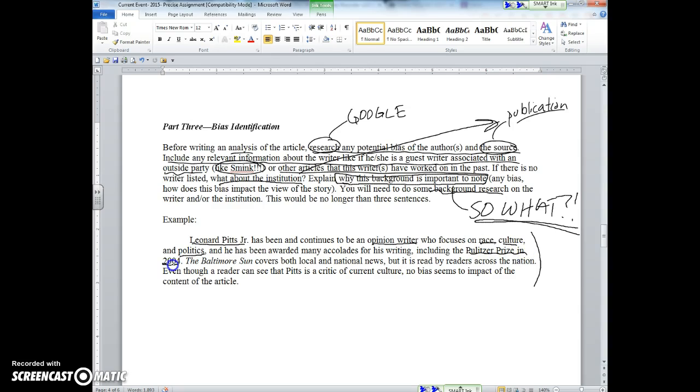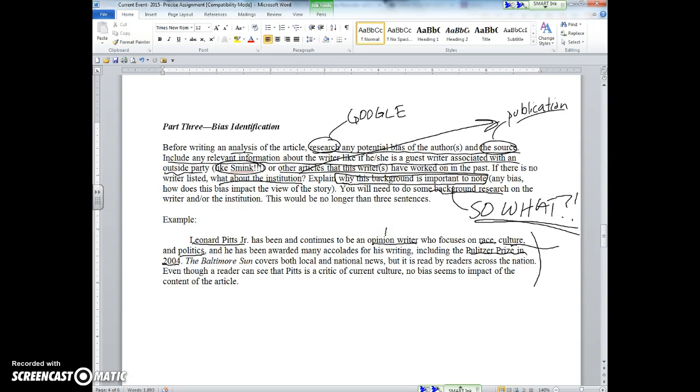Actually, if I didn't know what the Pulitzer Prize was, then I would look it up. But since I know what it is, it's a very prestigious award for writing in journalism, so this is someone that has at least been rewarded by his peers for being a good journalist or a good writer, because he's an opinion writer.